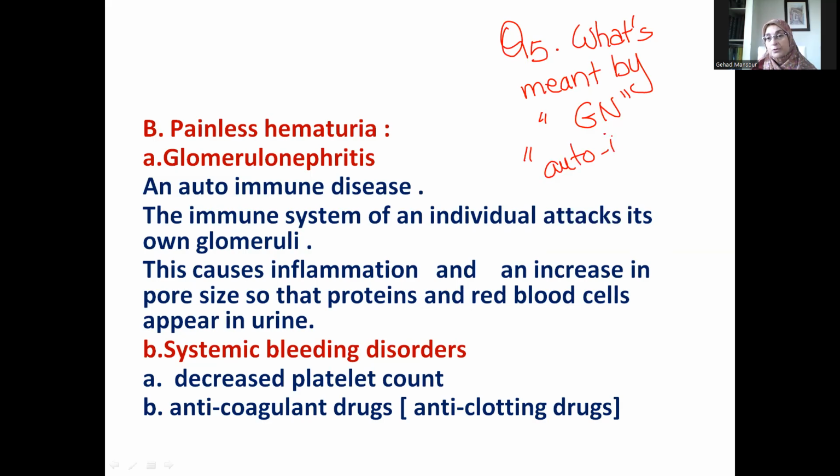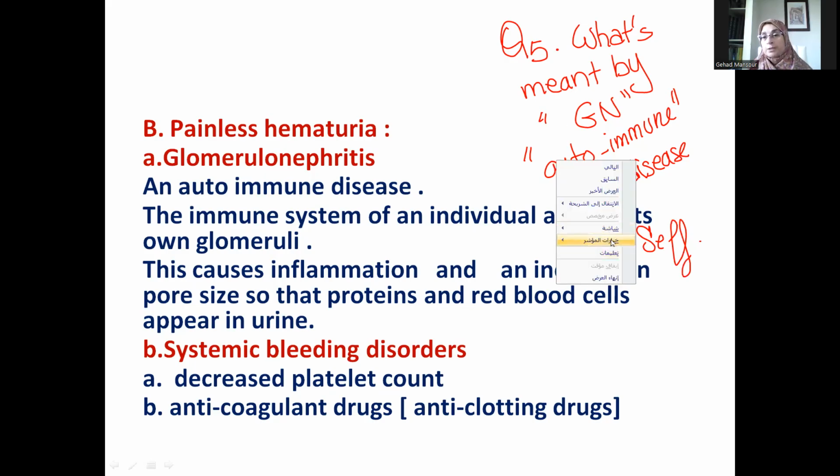I might ask you specifically about the definition of an autoimmune disease. Of course, as the name implies, auto here means self. So how would we define autoimmune disease?